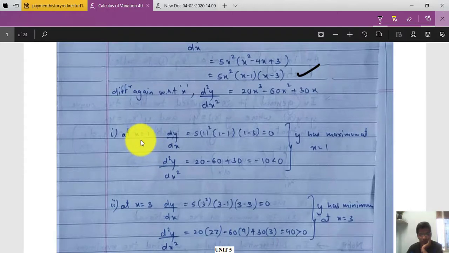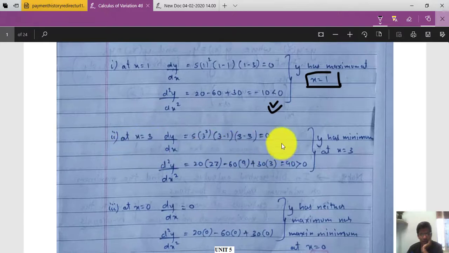Now at x equal to 1, what is dy by dx? You substitute over here, and at x equal to 1 it is equal to 0. Now d square y by dx square is 20 minus 60 plus 30, which is equal to minus 10, which is less than 0. So if it is less than 0, then y has maximum at x equal to 1, right?